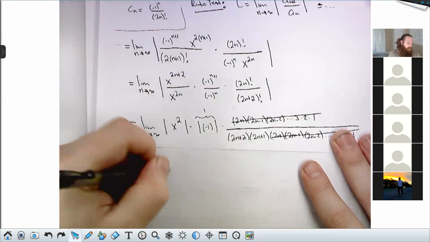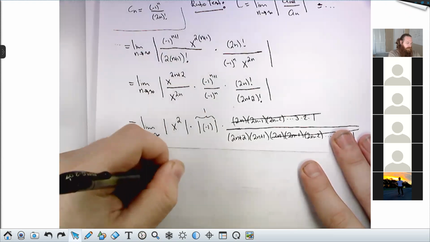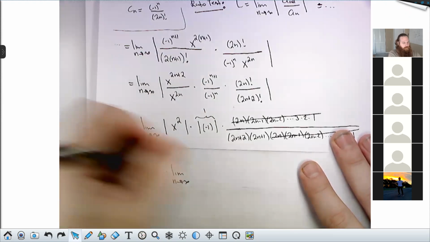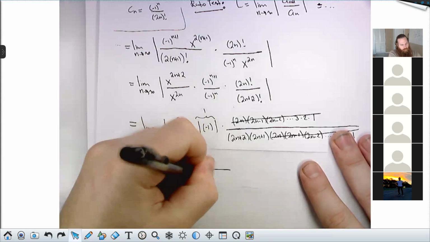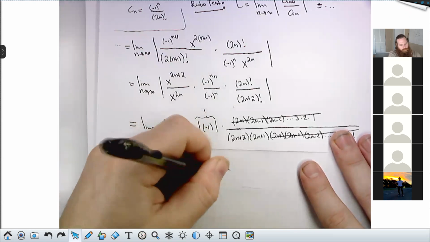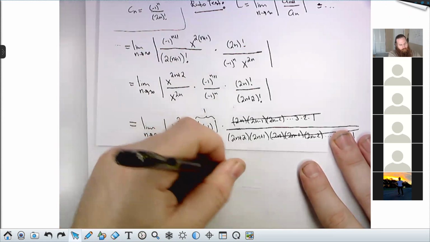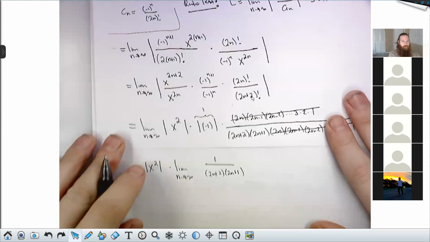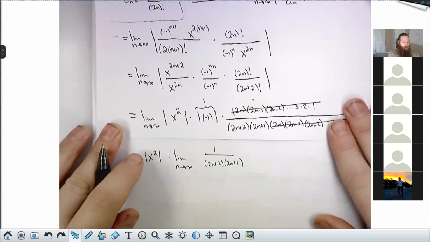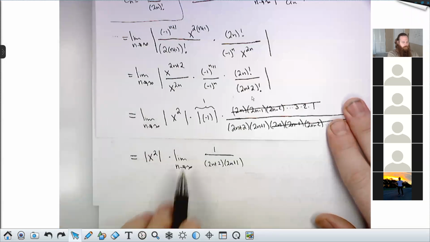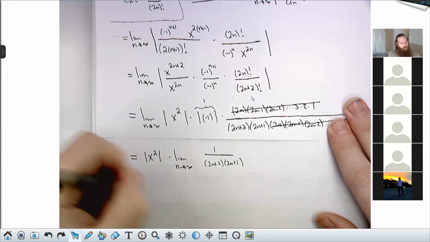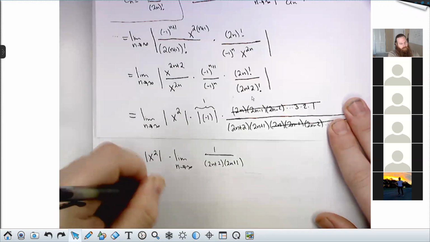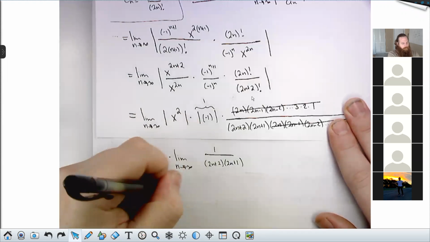So I get absolute x squared times limit n to infinity 1 over 2n plus 2 times 2n plus 1. And as n goes to infinity, 2n plus 2 and 2n plus 1 both go to infinity. So this is absolute x squared times 1 over infinity. That's 0.